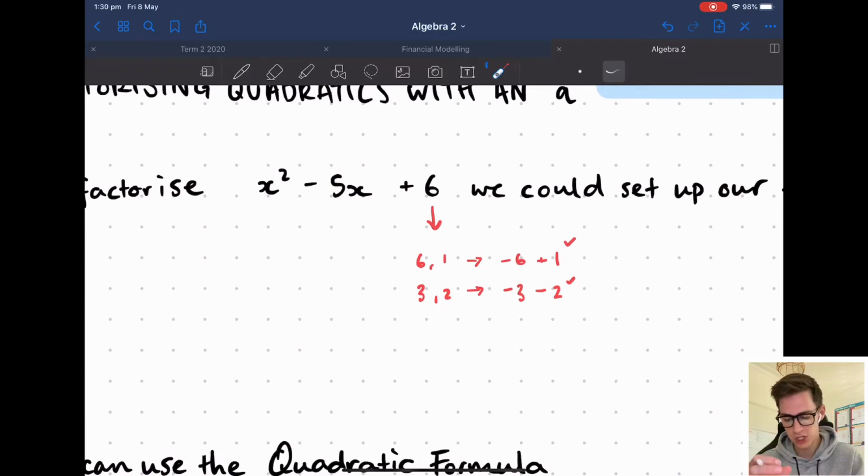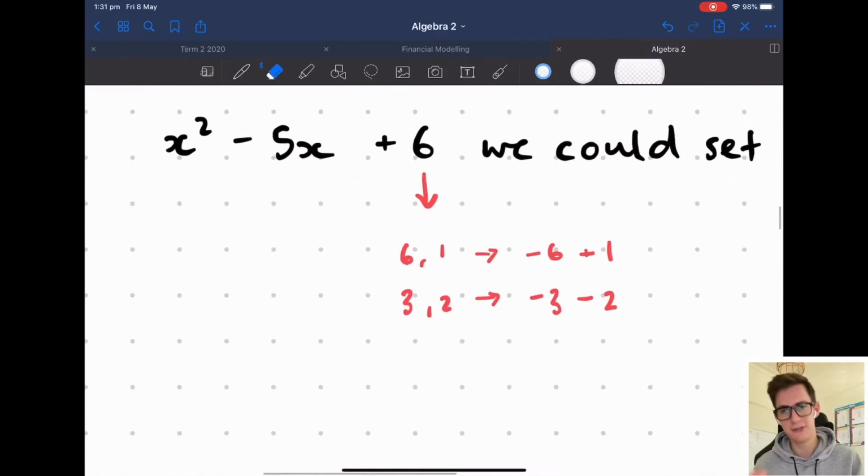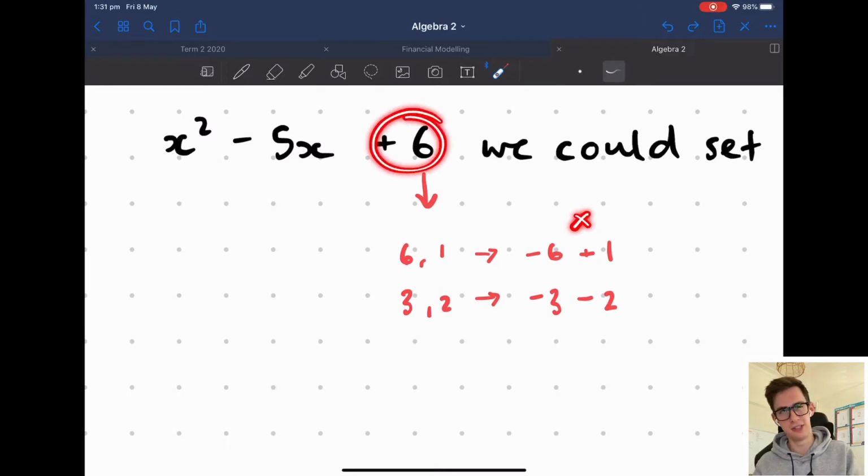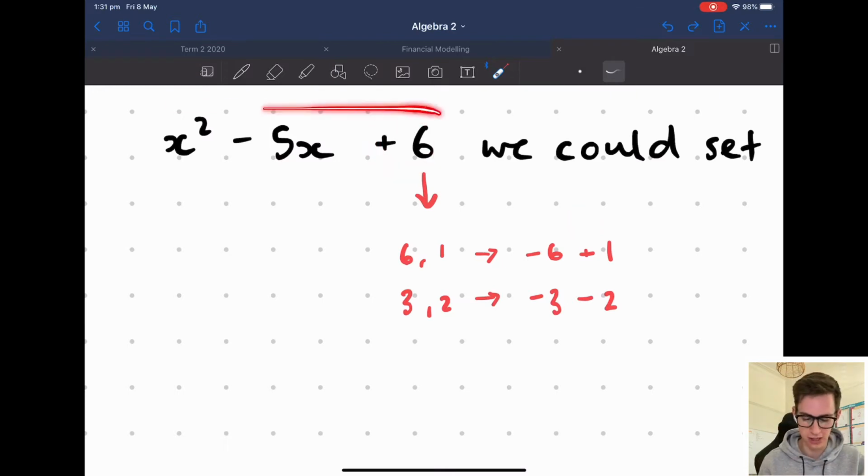What I need to check is, are they still factors of +6? So where you write out your factors and check which ones make this middle term, if you have 2 options or even more that work, you need to check that they definitely add to -5, but do they still multiply to get +6? Because I need it to work for this expression.